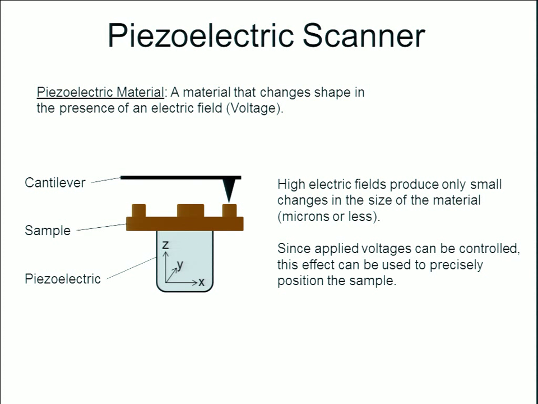The high electric fields actually produce only very small, sub-micron changes in the size of the material. Since these can be precisely controlled, we can precisely position the sample and move it quickly but in a stepwise fashion below the cantilever and probe.